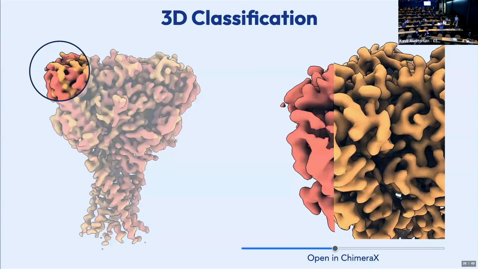Oh yeah, ChimeraX is probably my favorite piece of software on earth. We were talking yesterday about how I think the whole field owes a great deal to Tom Goddard. I don't really know what we'd do if we were still kind of banging rocks together and looking at 2D printouts of particle images. But gosh, what do I do with ChimeraX is kind of a big question. If there are specific questions about specific ways of looking at maps, I'd be happy to answer those.